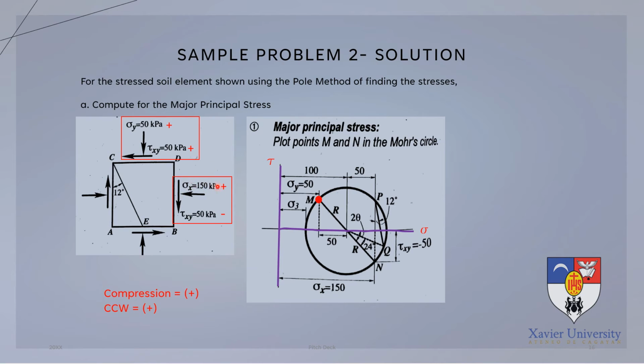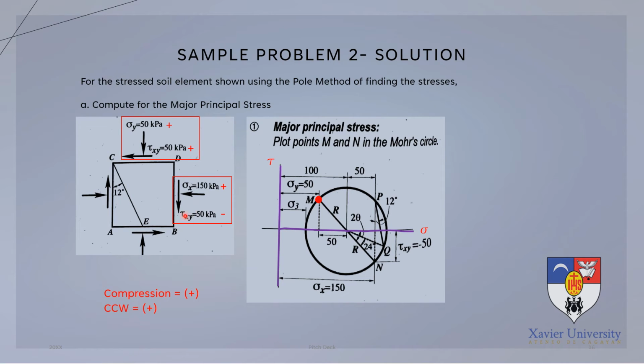For the next set of coordinates, if we plot this in our Cartesian plane, our x is positive 150. So we are going to move along our x-axis, because it is normal stress, equal to 150. And then our y is negative 50.